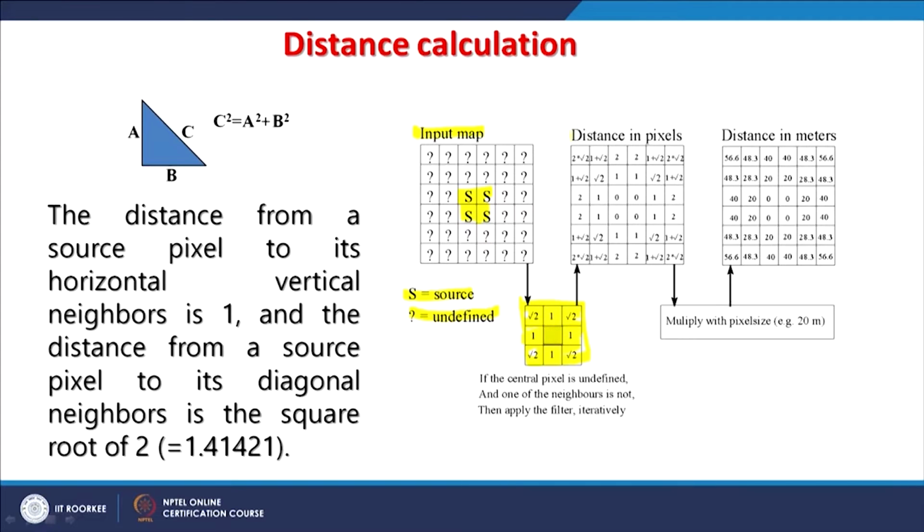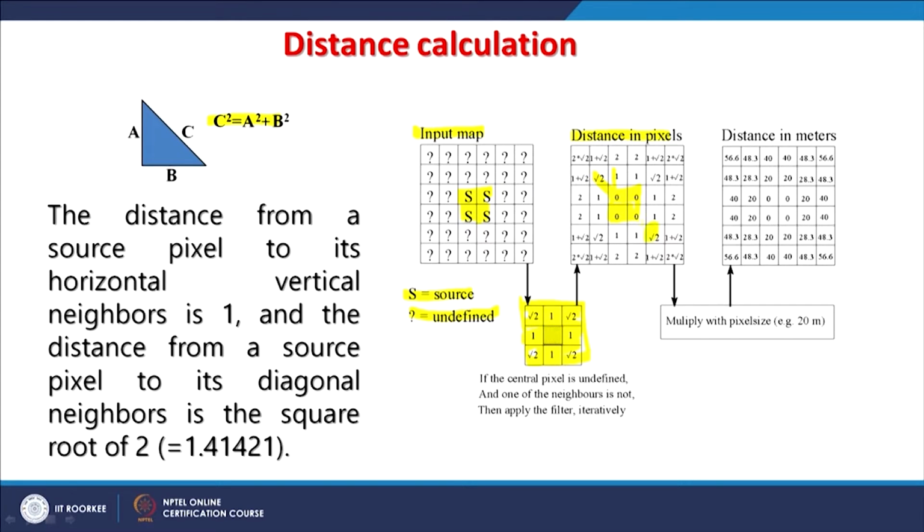Now this is the distance in pixels. So what we have discussed here, a diagonal distance is calculated, for these diagonal distances from these 4 cells. So if you go just vertically upward, then it will be 1, but if you go diagonally upward, then it is square root 2.